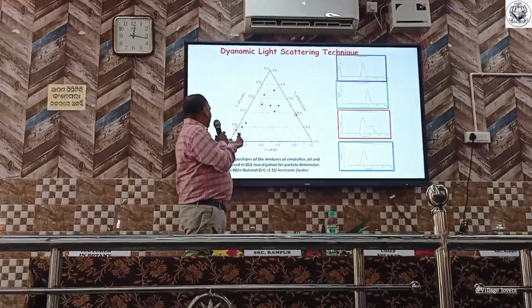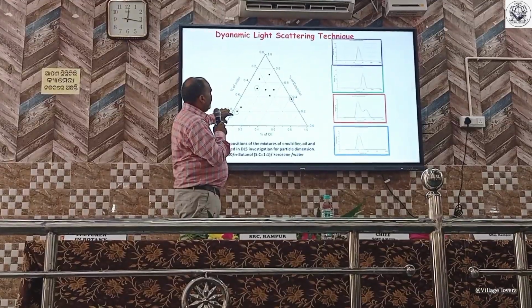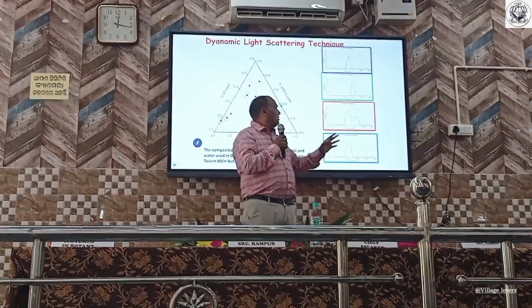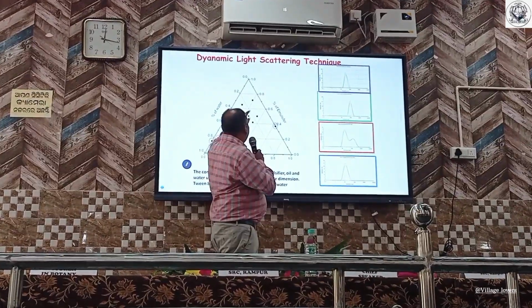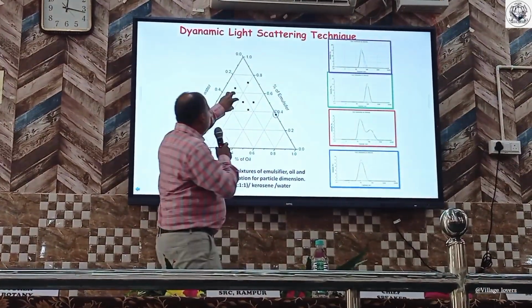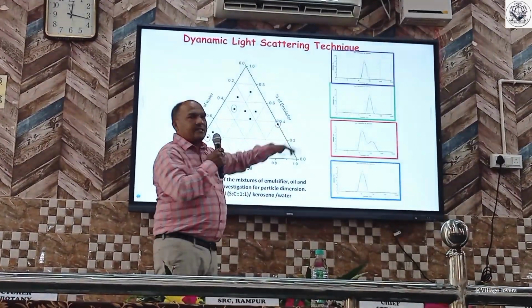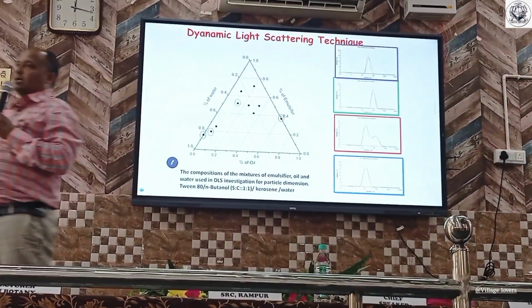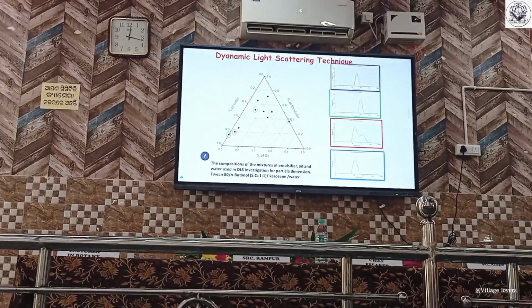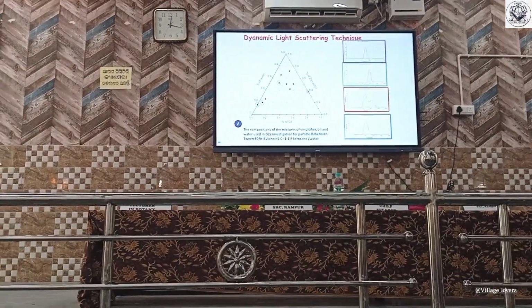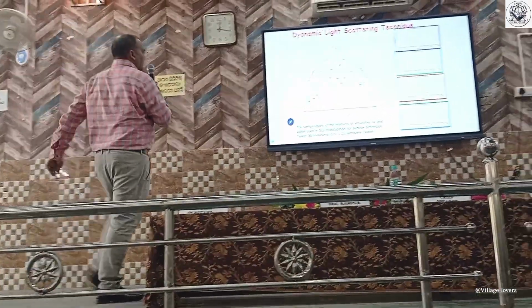This is the water-in-oil microemulsion, and here it is around 10 nanometers. When we move from here to here, this is the maximum size, and again the size decreases. The bicontinuous region has bigger particles, and it has different sizes, so it has two types.